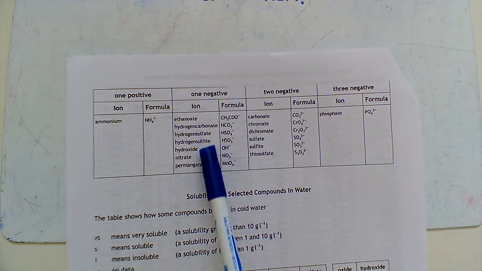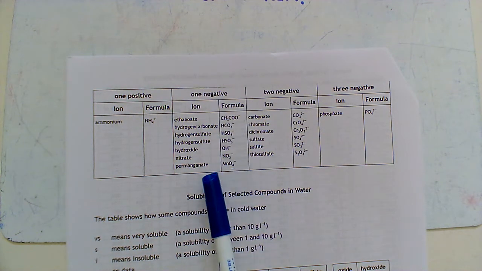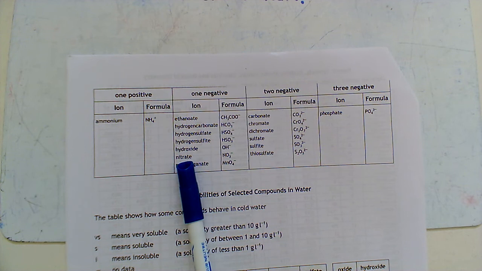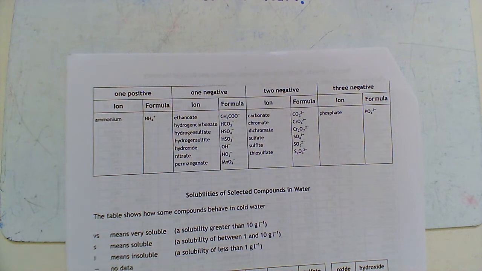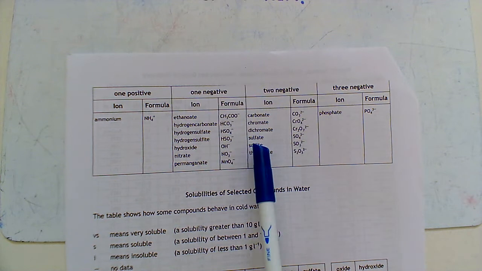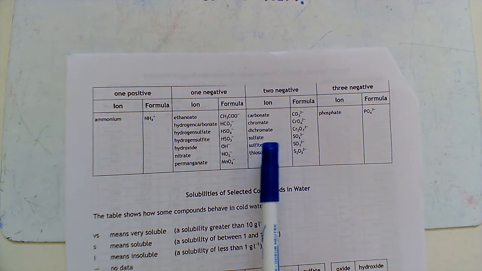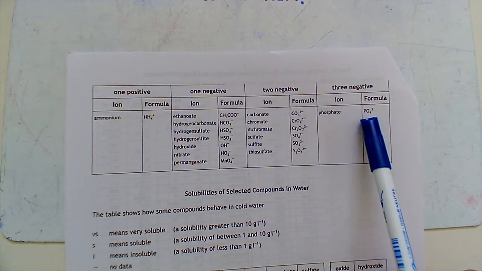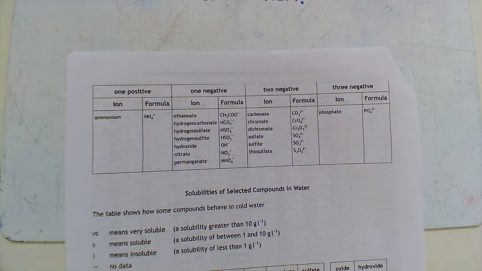Then we've got a lot of ones in this one negative column. We've got hydroxide, we've got nitrate, which are the two most common ones you'll need to use from this one. Then we've got two negative, where the most common one you'll probably be asked is sulfate, SO4, 2 minus, and then we've got 3 negative, PO4, 3 minus.